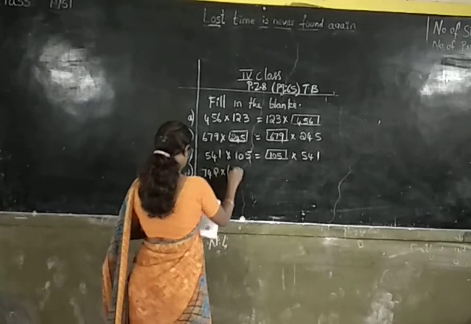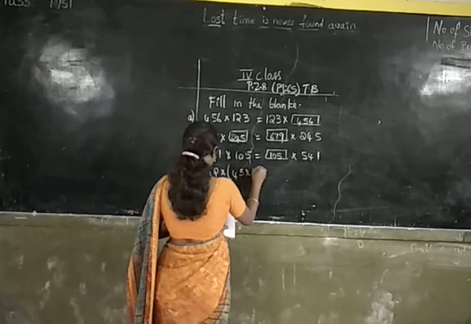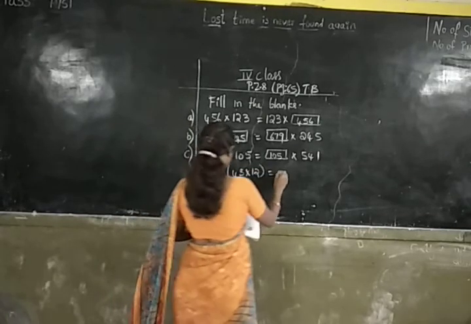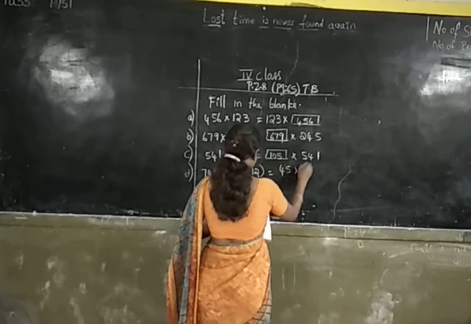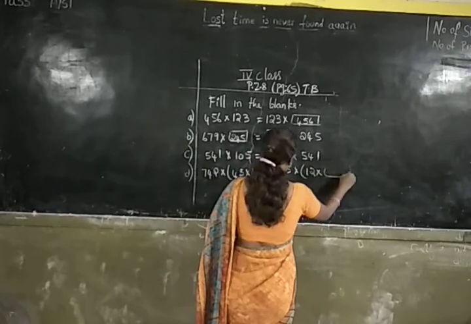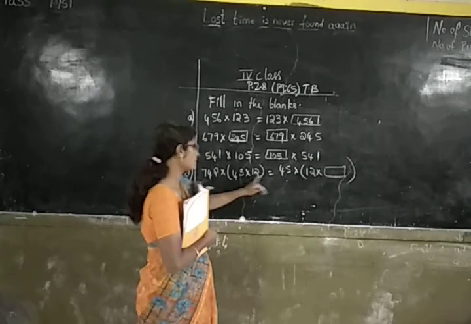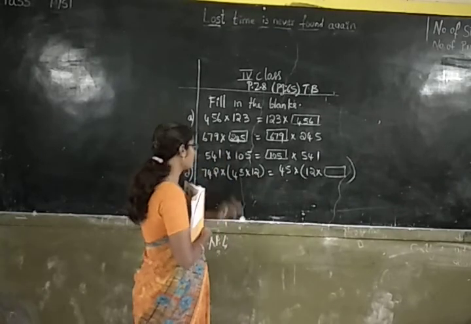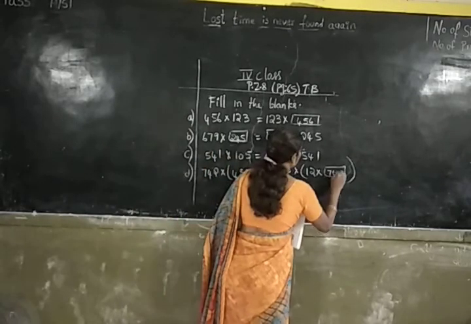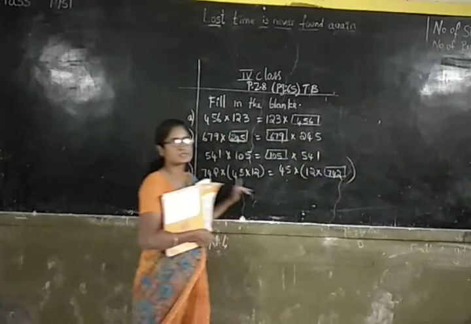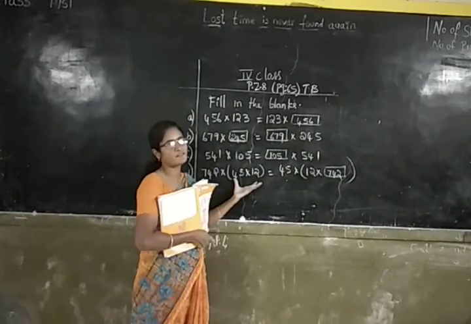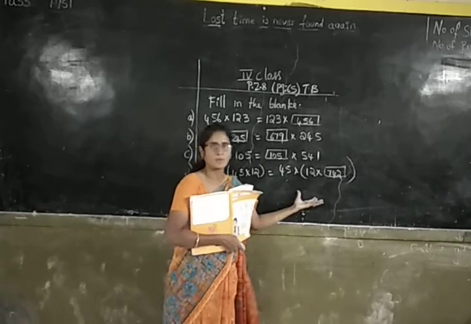742 into 45 into 12 is equal to 45 into 12 into box. So here we have 45, here we have 12, and the missing number is 742. This is according to the associative property. Grouping of numbers does not change the product.